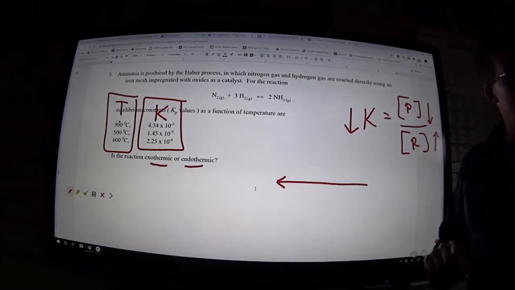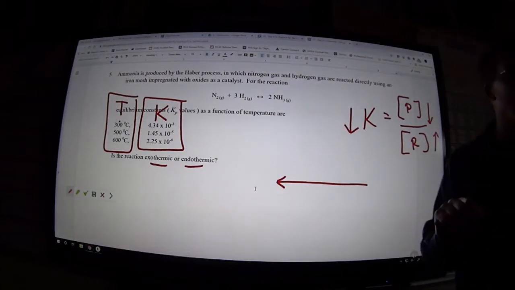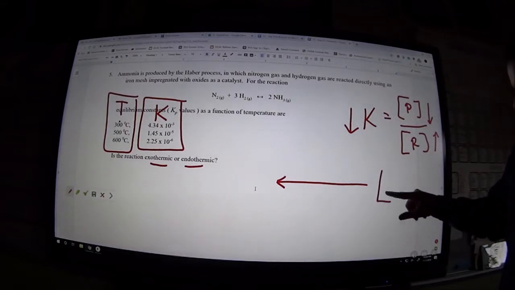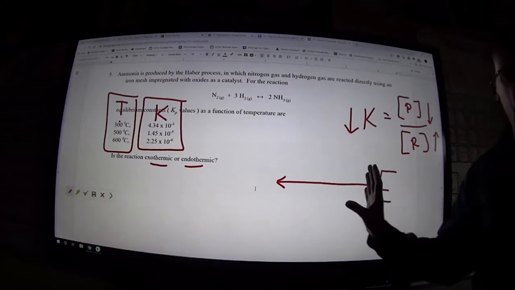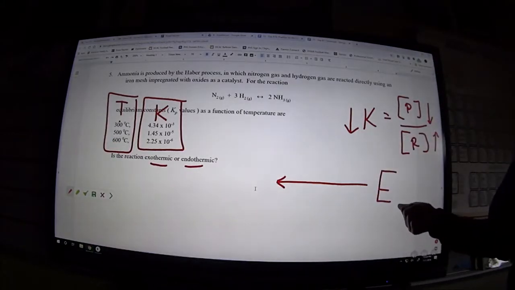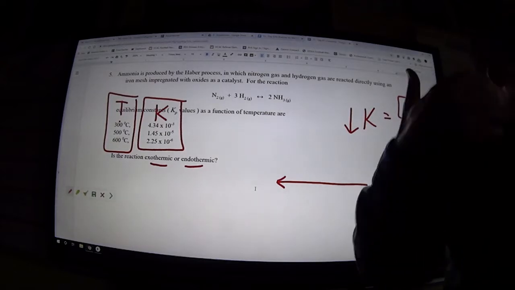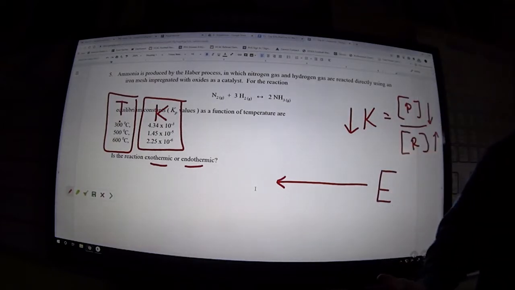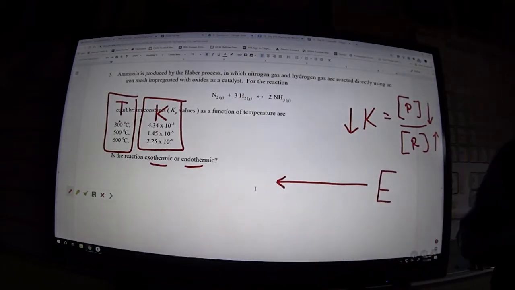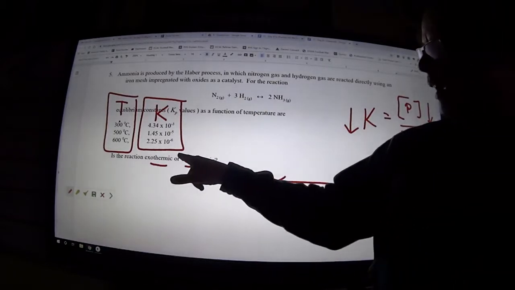Is it reactant or product? Product. The arrow is shifting away because we're adding more energy. So the same thing, whether you add concentrations or pressures, you shift away from the addition, you shift toward the removal. Therefore, is this endo or exo?